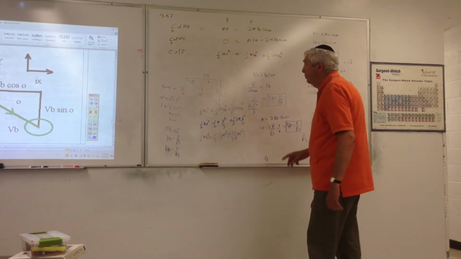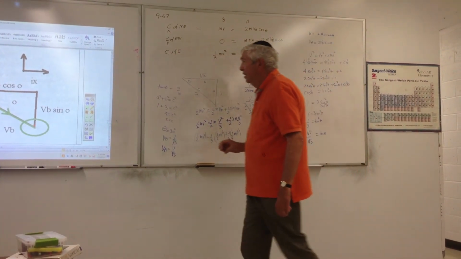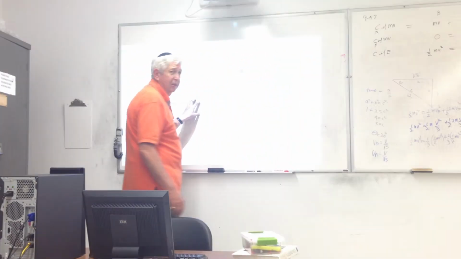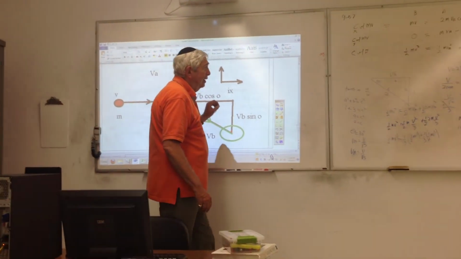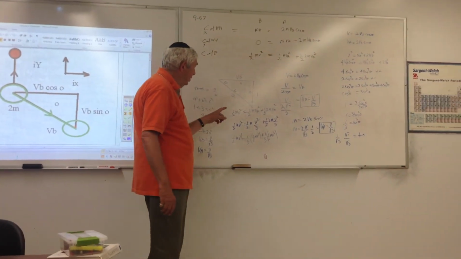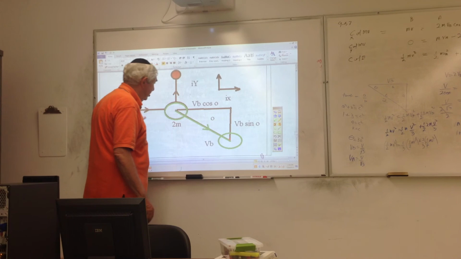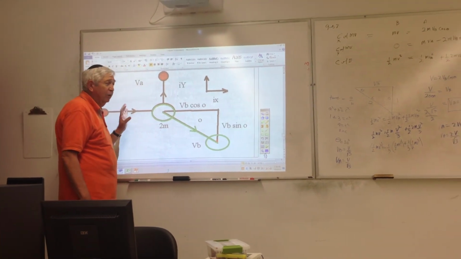What about the fraction of kinetic energy that's transferred when this particle strikes the target? The kinetic energy is equal to 1/2 mv squared. That's the initial kinetic energy, so you can't have more energy than that.